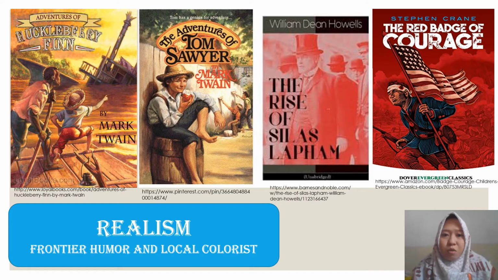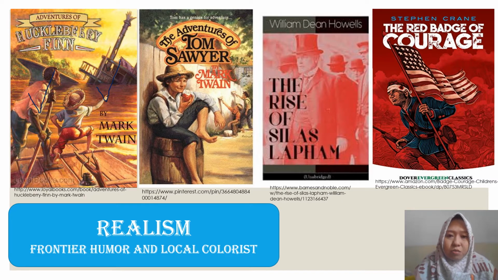And this is the portrait of the novels. First, the novel Huckleberry Finn. The main character is a young boy, 14 years old, and he has a partner, Jim. He is a slave.